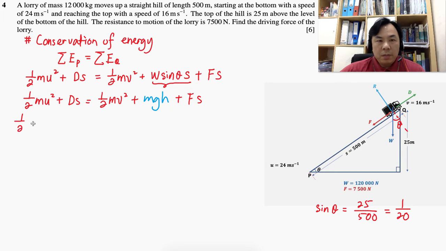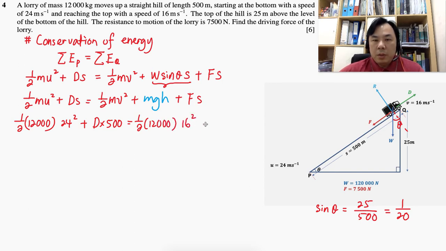So for instance, 12,000 by the initial speed, 24, and then my driving force, 500, times D here. Then 12,000 by the final speed, which is 16.